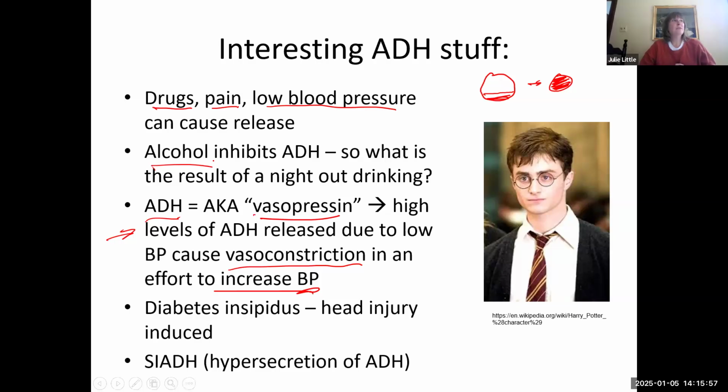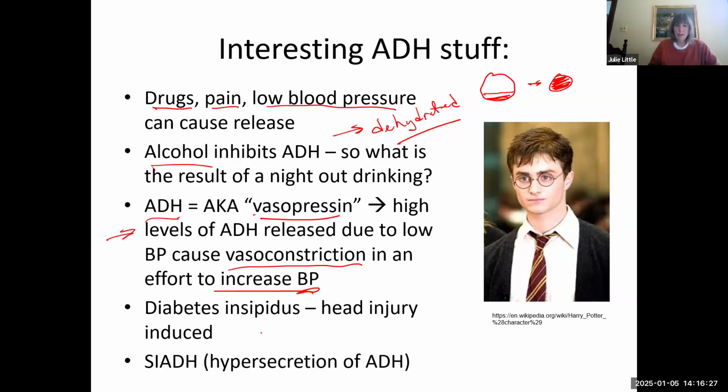And you may know this if you've ever had alcohol before, that you freely go to the bathroom, because alcohol will inhibit the release of antidiuretic hormone. So everything you're drinking will just run right through you, and so will more. If you spend a night out drinking, the next day the hangover is truly just losing tons of blood volume and putting yourself in a dehydrated state. It does not feel good.